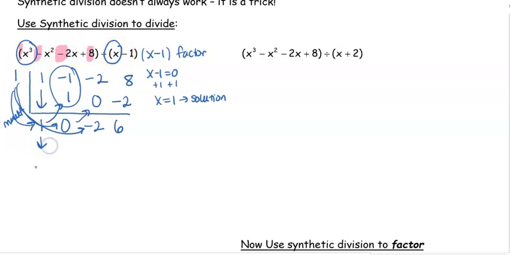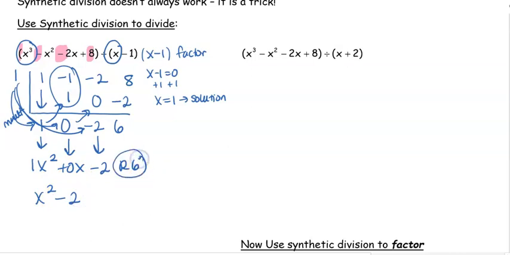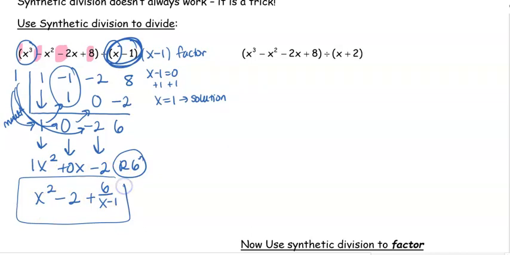This means that this is 1x squared, 0x minus 2, with a remainder of 6. So my equation would be x squared, no x's, I'm not going to write 0x, minus 2. When I take this remainder, I'm going to put the remainder over my divisor of x minus 1. That would be my answer using synthetic division.